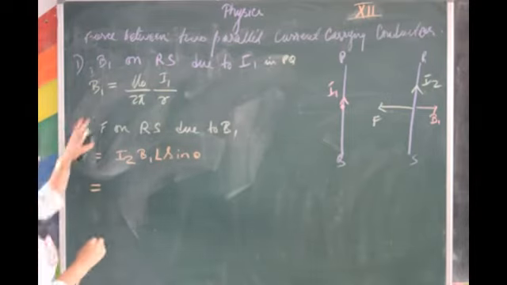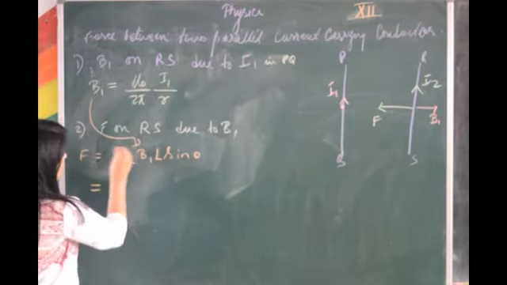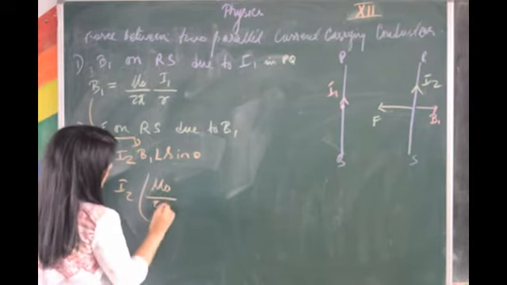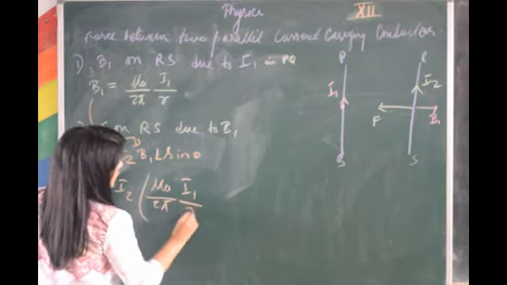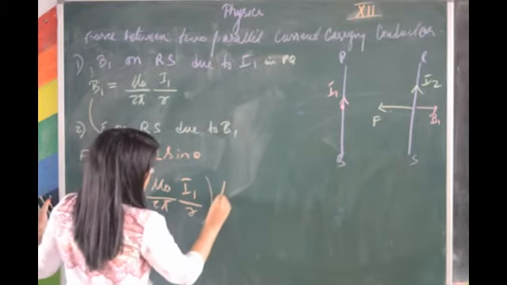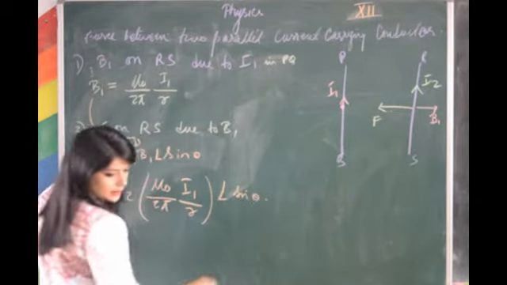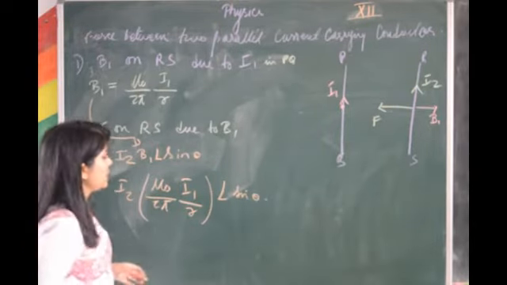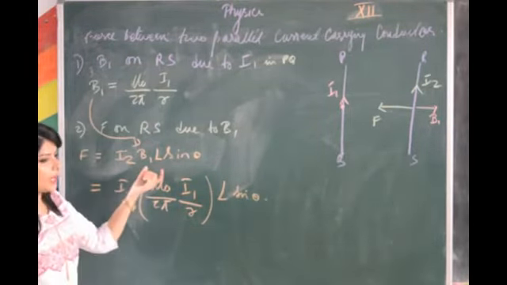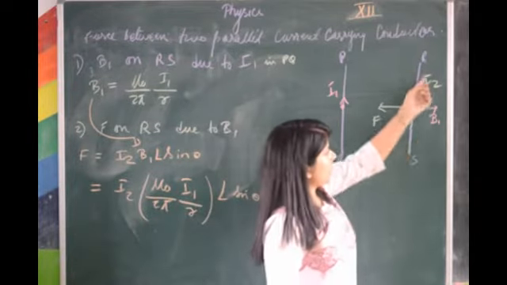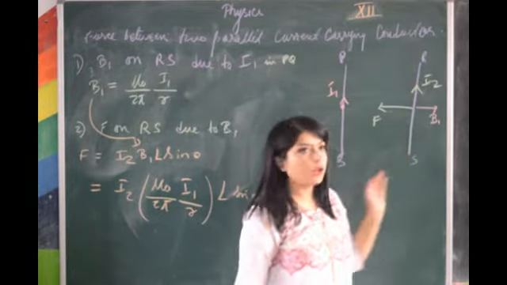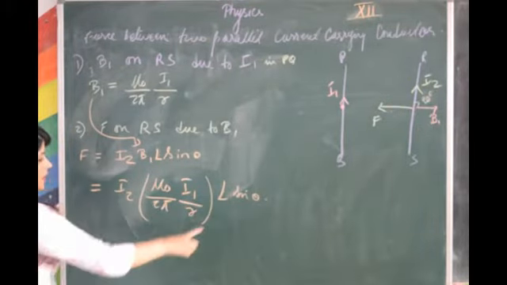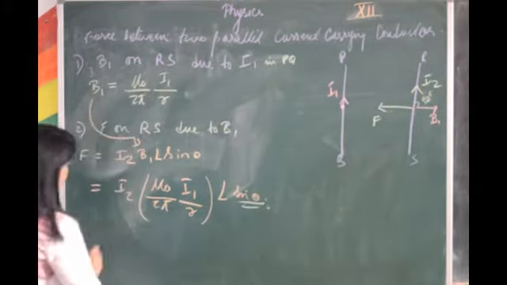In place of B1, we'll write this value. B1 we will put over here: I2 into mu naught by 2 pi I1 by R, into L sin theta. Sin theta we will consider over here to be 90 degrees, because theta is the angle between B and L. Over here, B and L, the length of the conductor, are perpendicular to each other, so this is 90 degrees and sin 90 is 1, so we can remove it.